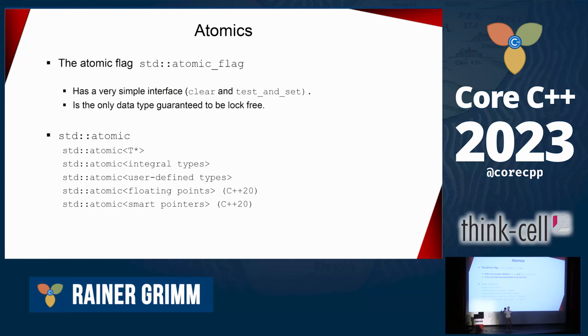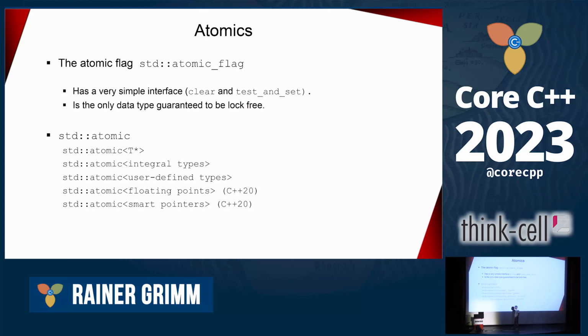So std::atomic with all its specializations, such as pointers, integral types, user-defined types, floating point types, and smart pointers, can use locks internally for synchronization, even though they are called atomics. Only atomic flag is guaranteed to be lock-free.